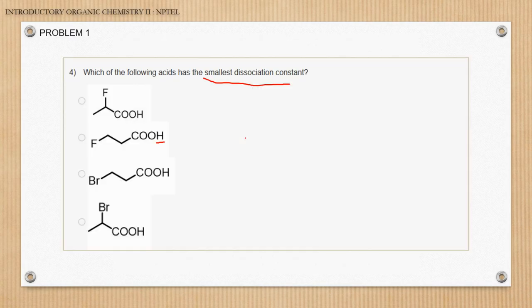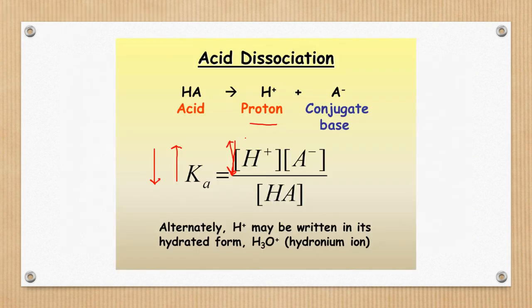So a weak acid will give you a small dissociation constant, while a strong acid will dissociate more H plus, leading to a high concentration of H plus in the medium, and so a high dissociation constant. So a weak acid has a low dissociation constant and a strong acid has a higher dissociation constant.